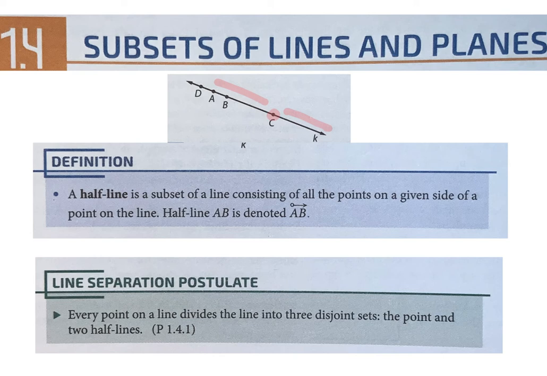So we could actually write that, the open circle C, and we could put another point out here, to E, and the open circle C to B. All right, and then the third set is actually point C. So any point on the line is going to divide it that way. You have the point, and then you have 2 half lines that go infinitely in either direction from that point.